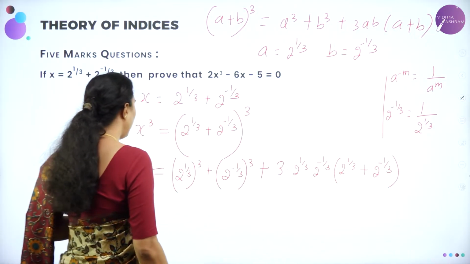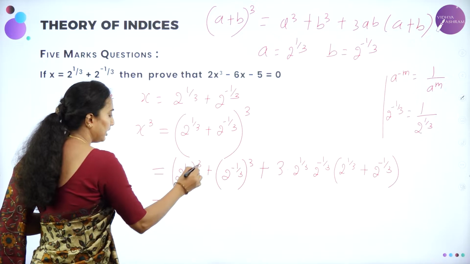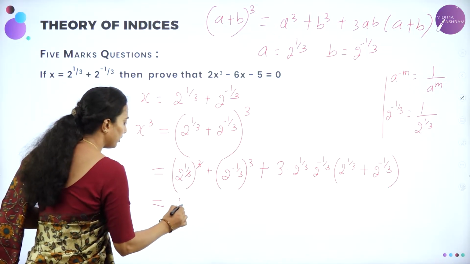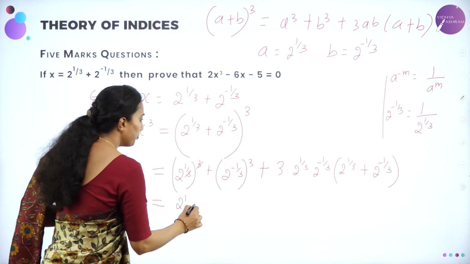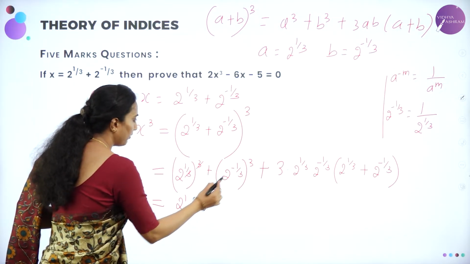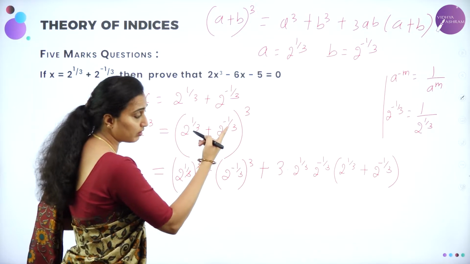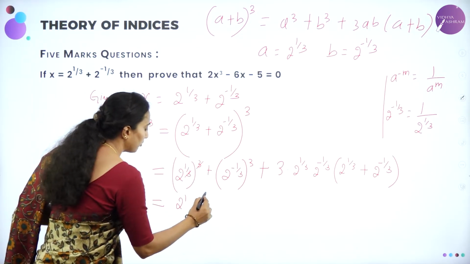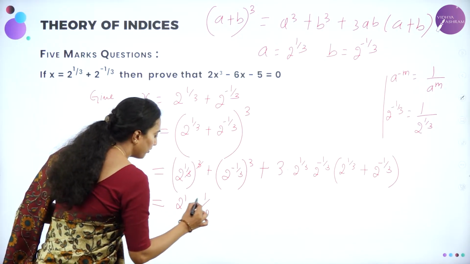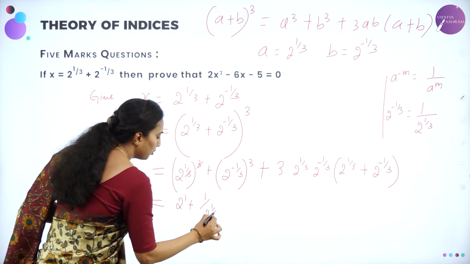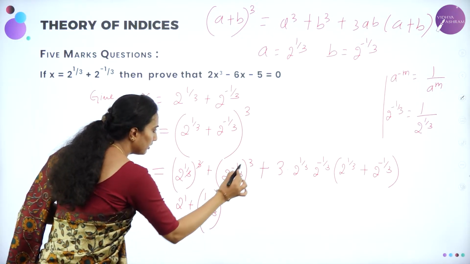So what you are going to have, you know already, 3 will get cancelled. You are going to remain with 2 power 1, which is 2, plus again you are going to have this. How I can write this one as 1 divided by 2 power 1 by 3, 2 power minus 1. So I am going to write that one: 1 divided by 2 power 1 by 3 whole power 3.